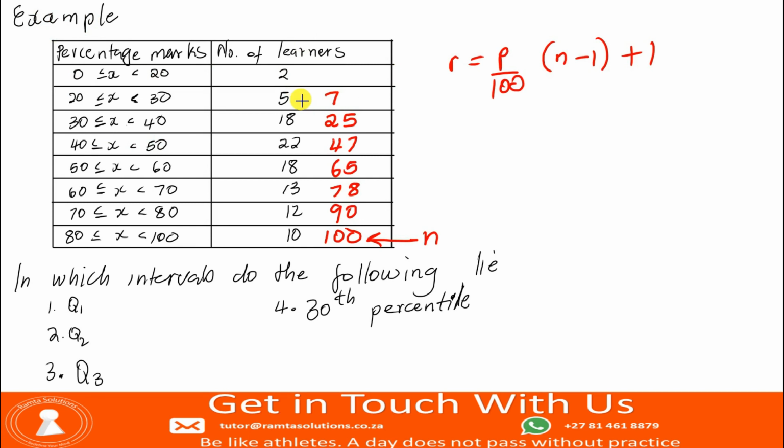Okay, it cannot lie on this interval here. Tempting to say it lies on this interval here. But remember, it lies between the 25th and the 26th. So that value is greater than 25. So we cannot say it lies on this interval here. This means it'll lie here because it'll be greater than 25.